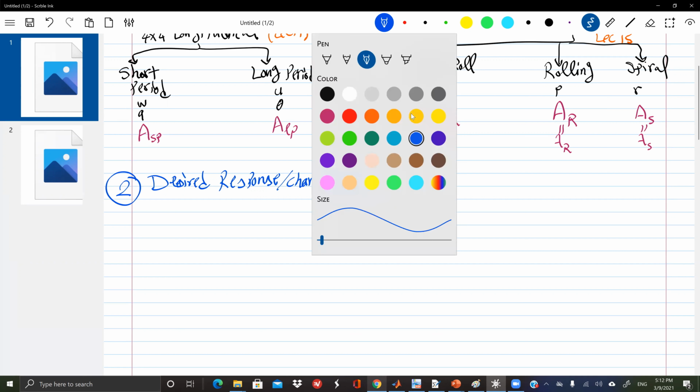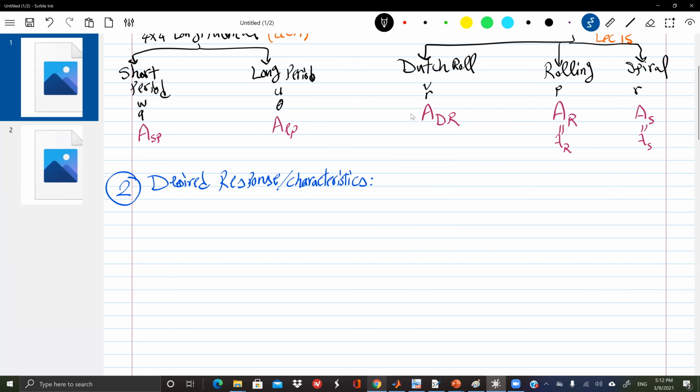So the desired response. What's the desired response for anything, for a submarine? Well, this is a very hard question, and actually, it is answered through experience. An experienced control designer who designed several controllers before learned that this controller works, that controller doesn't work, and so on.